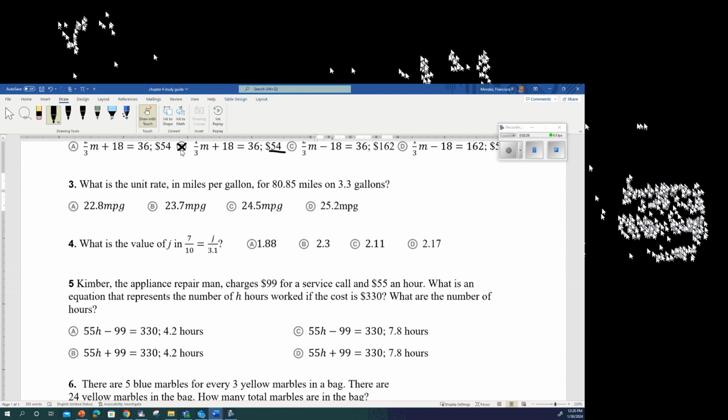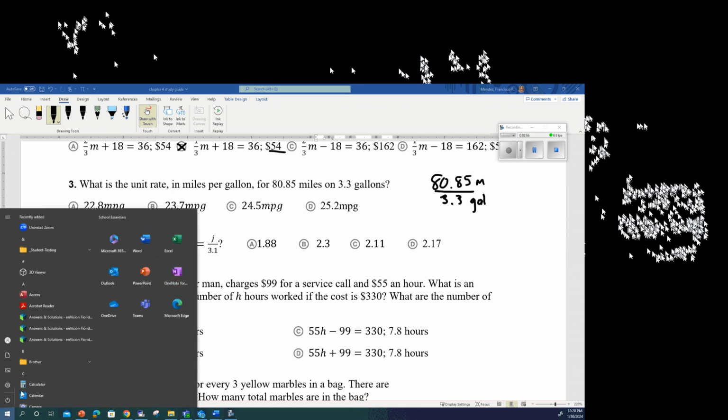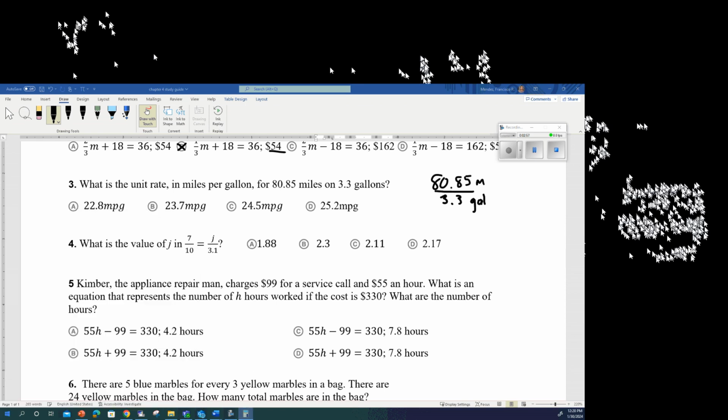All right, number 3 said what is the unit rate in miles per gallon for 80.85 miles over 3.3 gallons. As you can see, I've made a ratio. I can find out what any unit rate for a ratio is by taking my numerator and dividing it by my denominator.